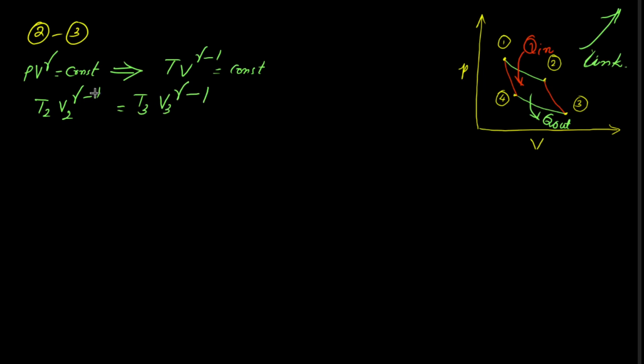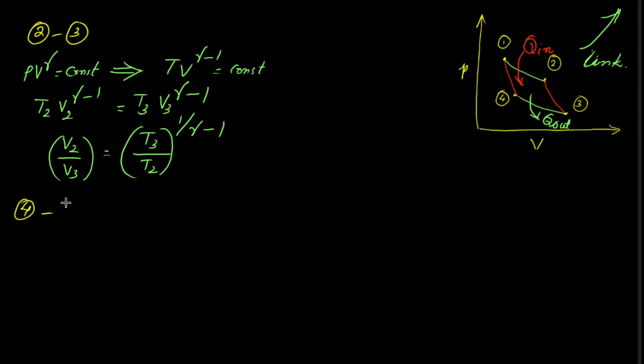equal to T3 V3 raised to gamma minus 1. If we rearrange it, we get V2 by V3 is equal to T3 by T2 raised to 1 by gamma minus 1. Now, let us consider the process from 4 to 1. 4 to 1 is again a reversible adiabatic process.